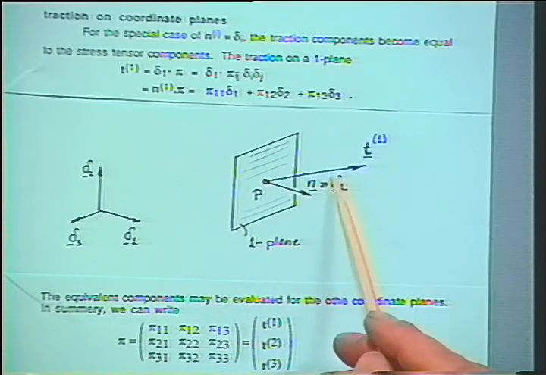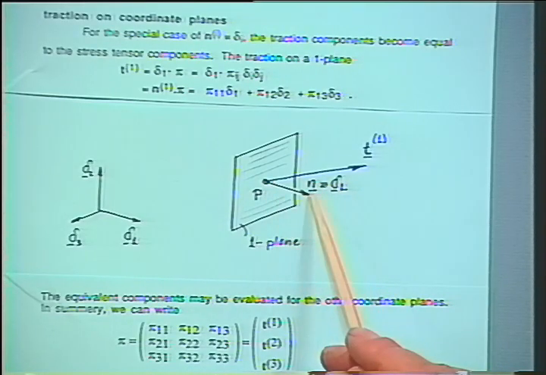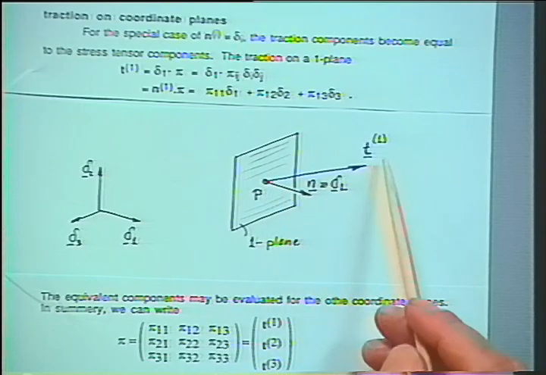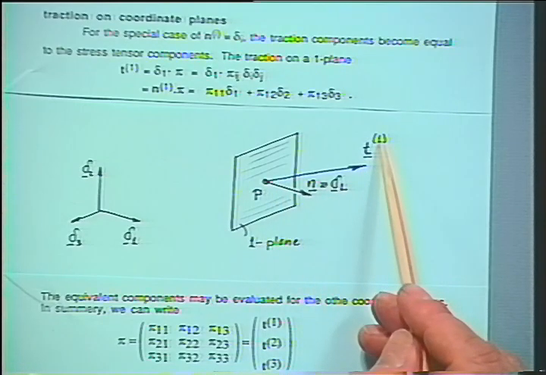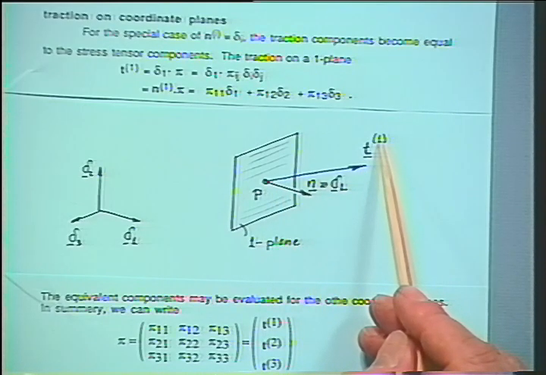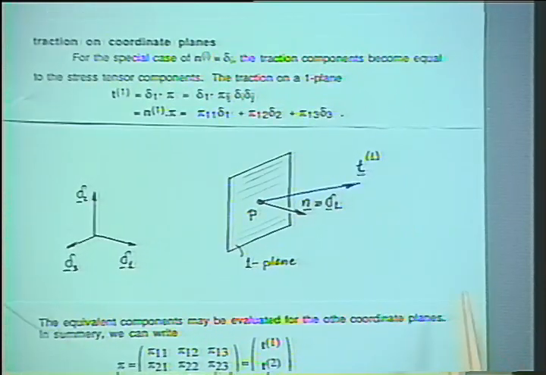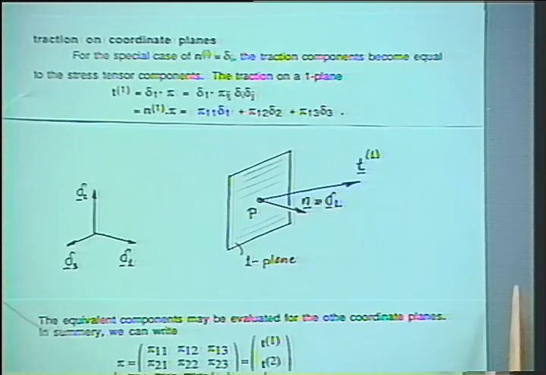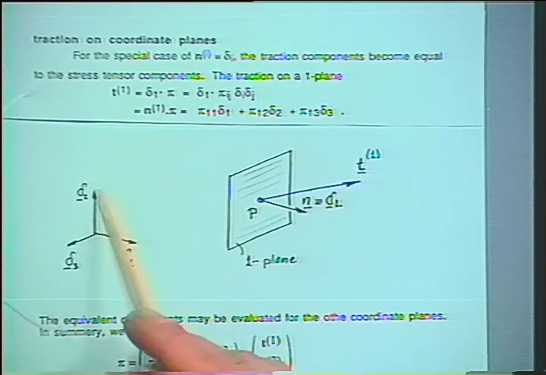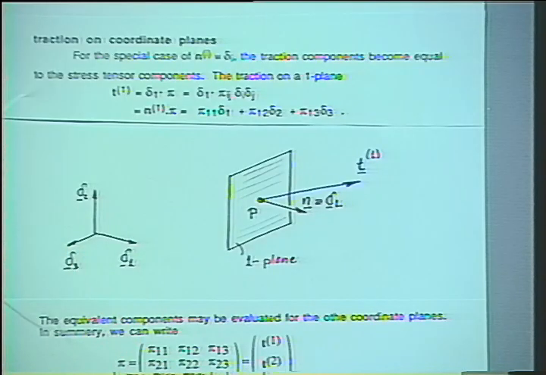And associated with that normal is a traction, and we would call this the traction vector on a 1 face, superscript 1. Okay? And we can do that for all 3 coordinate faces. We can do this on a 2 face and a 3 face.